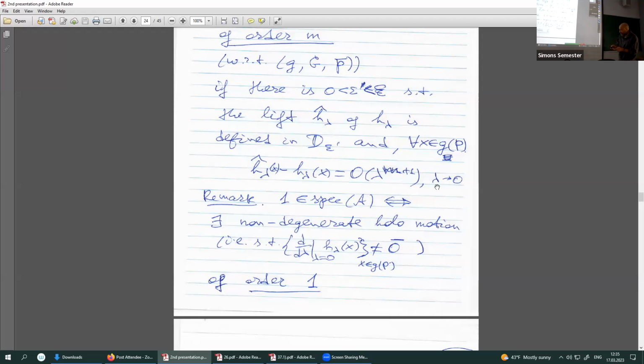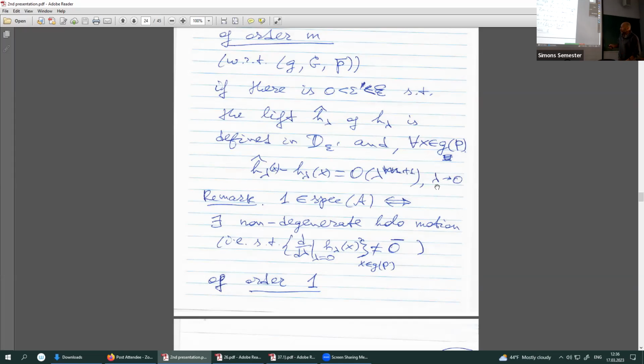If the vector at the point x is v of x, then you define x plus lambda v of x. If lambda is small enough and the set is finite, it defines some holomorphic motion. But this holomorphic motion is precisely asymptotically invariant of order 1, because when you consider the lift, the linear part does not change, precisely because 1 is in the spectrum.